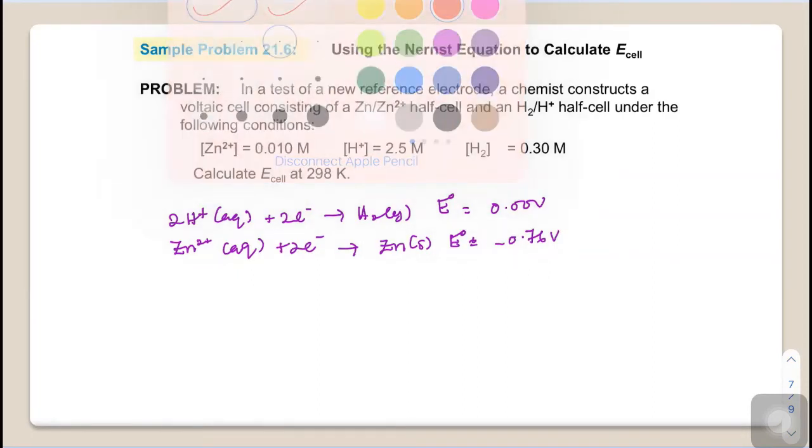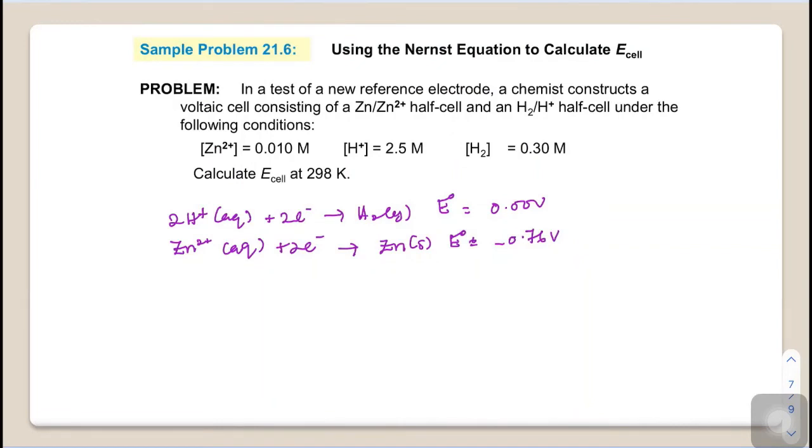Therefore, the one that will be reduced is the H plus, and it occurs at the cathode, and the one that will be oxidized is zinc. So the process occurs the opposite way. It will oxidize at the anode.